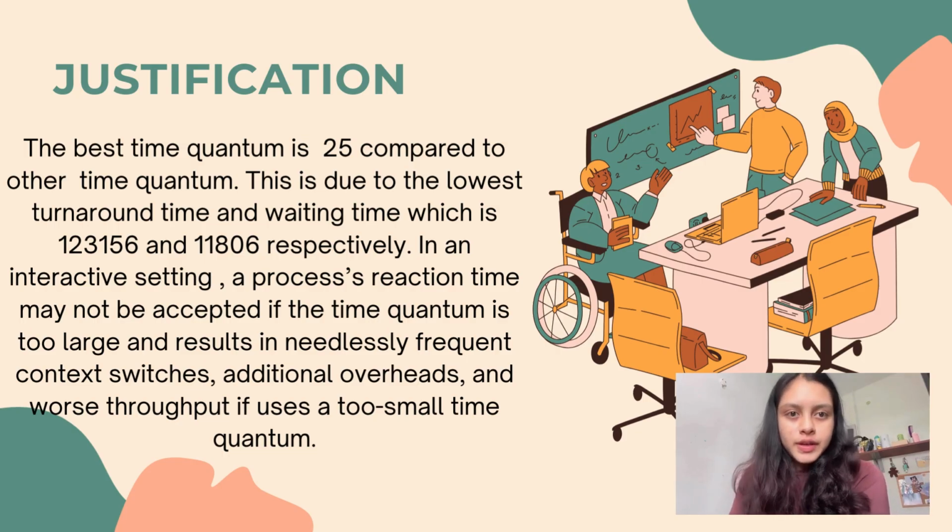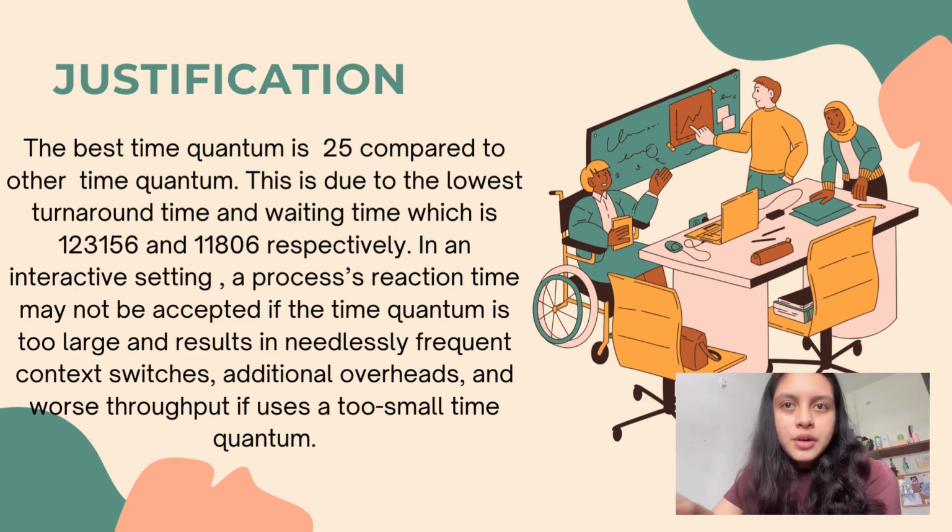So for the justification, the best time quantum is 25 compared to other time quantum. This is due to the lowest turnaround time and waiting time, which is 123,156 and 118,06 respectively.